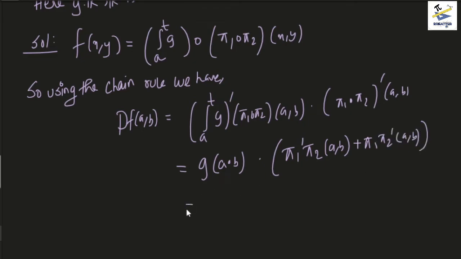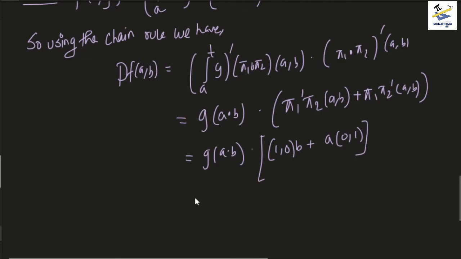This gives you g of a·b multiplied by (1, 0) times b plus a times (0, 1).